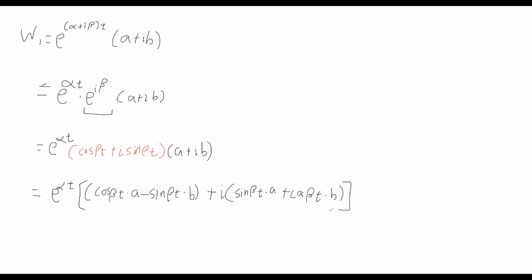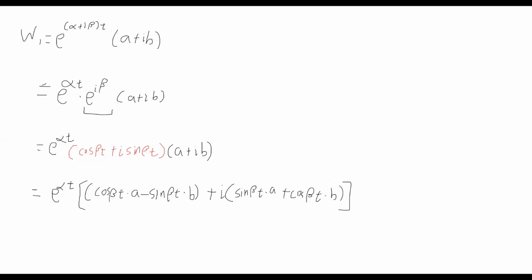Okay. So this will look like our general solution to the system. And of course we have another one, so we have to polish it a little more. All right, so let's see how we can work with just w1 for now.